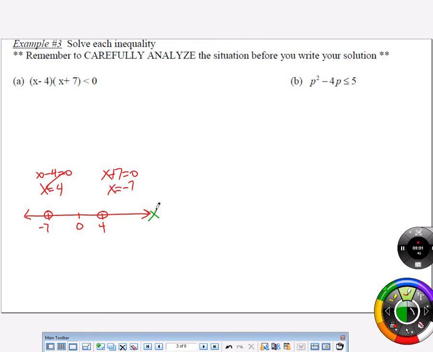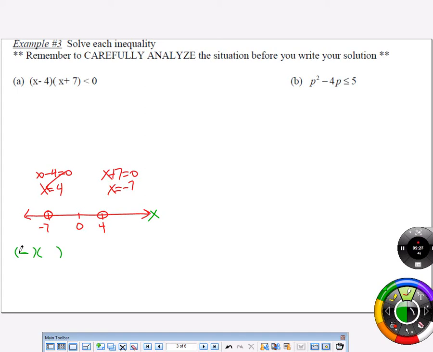So way number 1, like we saw in the math moment, is to plug numbers in from each section and see what happens. Keep in mind you have two quantities multiplying together. When you plug in a number that's less than negative 7, from this first section on the number line, like negative 10, just pick one, negative 10 minus 4 is going to be a negative number.